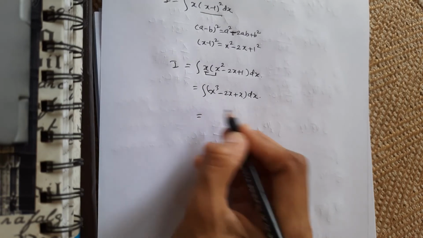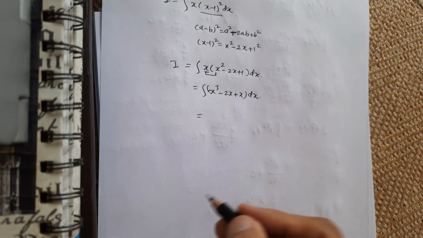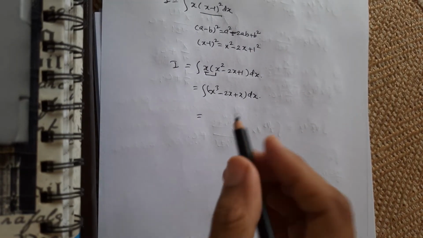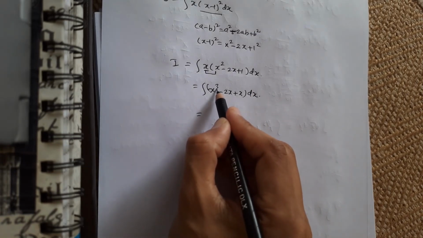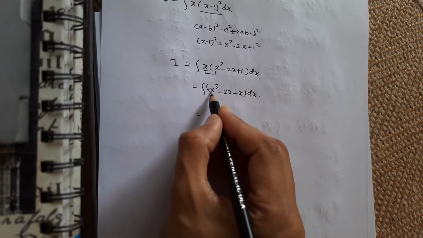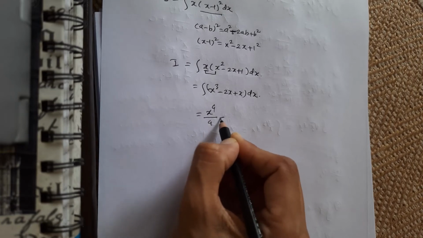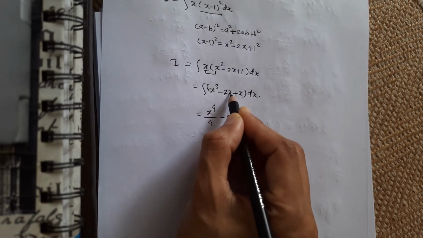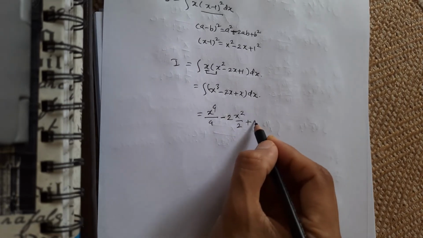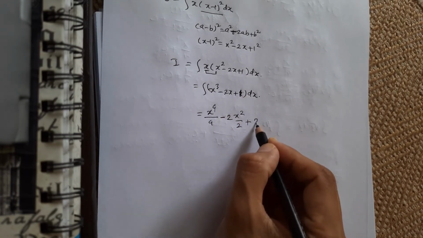Now take the integration. You can separately write the integration that we have done in the previous example, or just write it directly here. What you need to do is add 1 to the power of each x term and divide by the new power. So the integration of x cube will become x to the power 4 upon 4, minus 2, this is a constant, the integration of x is x square upon 2, plus, sorry, here is 1, I am so sorry, the integration of 1 is x.